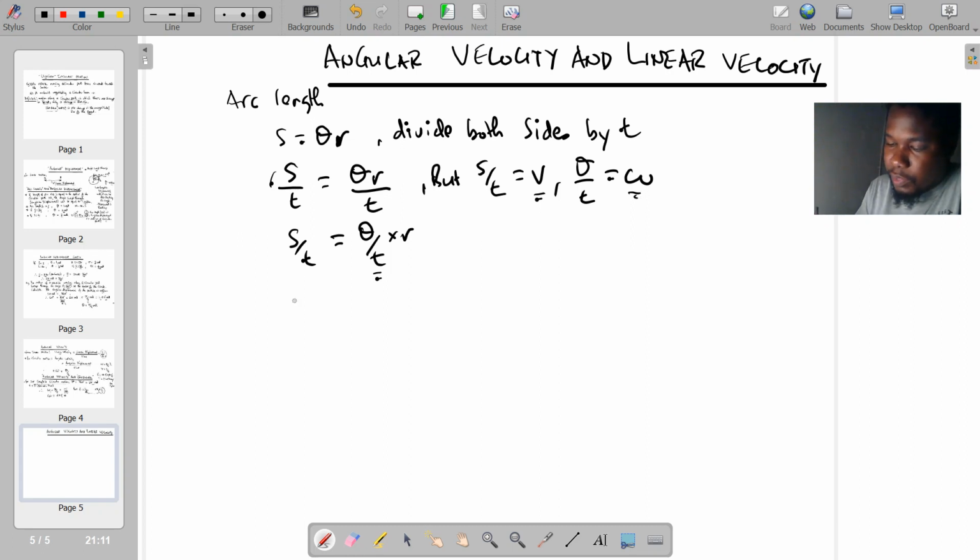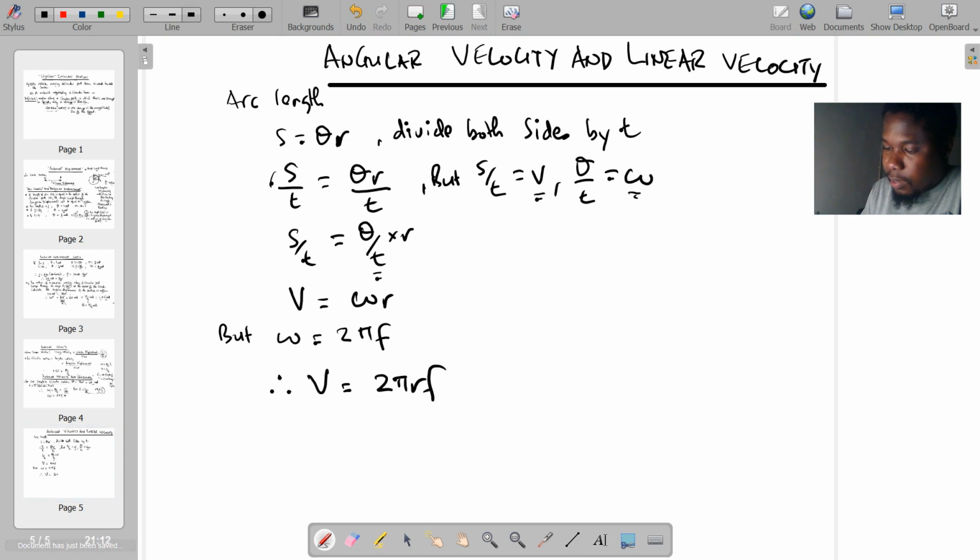So we substitute into that, it will be v equals omega times r. But do you remember that in the previous video we said that omega ended up being 2 pi f. Therefore linear velocity will be equal to 2 pi r times f. So we substitute into that, and this is what we end up getting.